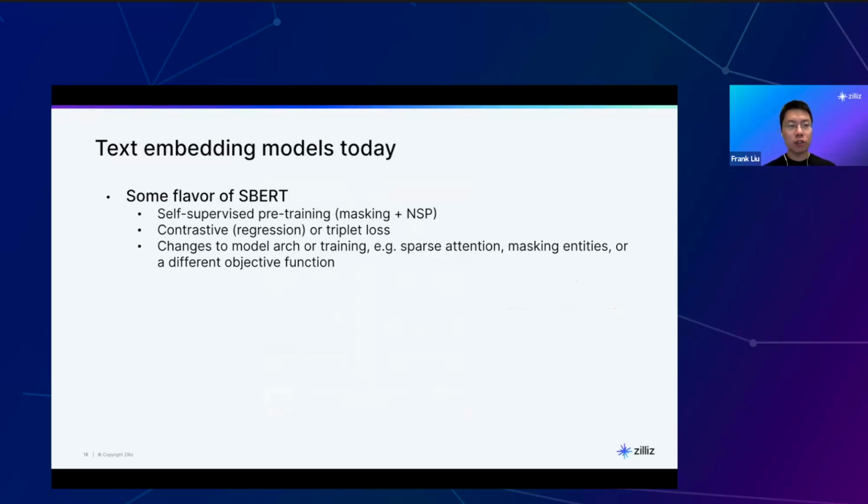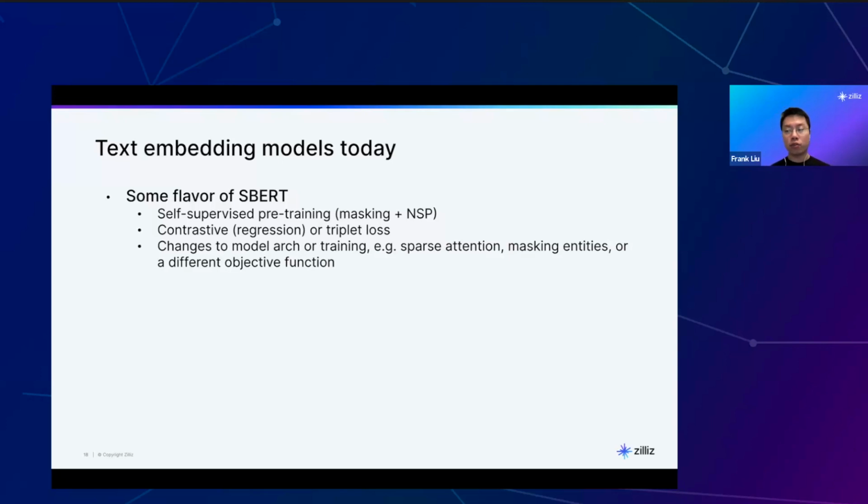A lot of the changes that you see in these models are mostly related to data, but occasionally you do see changes in model architecture or training strategy. You might leverage something like sparse attention. I think RoBERTa does. Instead of masking random tokens, they will mask entity tokens only, or you might use a different objective function altogether. But at the end of the day, the foundation of a lot of these models is in Sentence BERT.